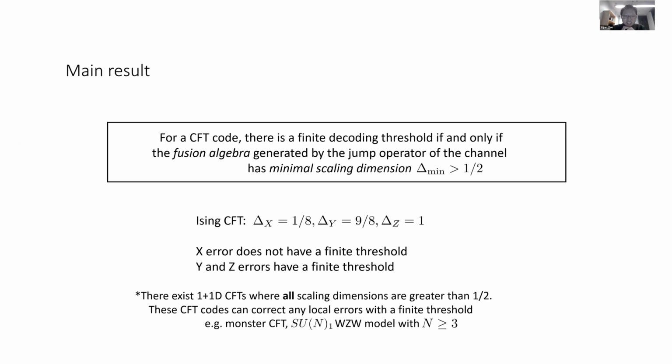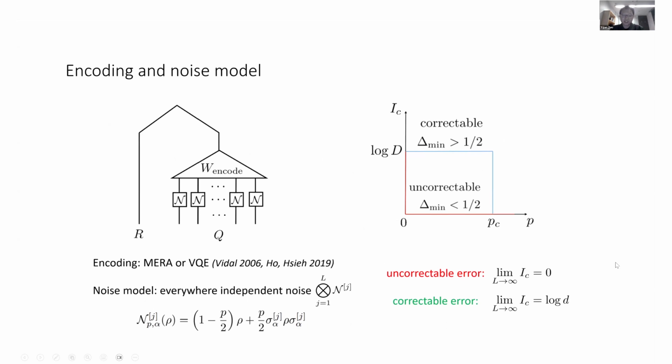It's a little bit complicated. If you disregard the fusion algebra part, it just means that the scaling dimension of the sigma alpha operator, where sigma alpha could be sigma x, sigma y, or sigma z, is bigger than 1/2.